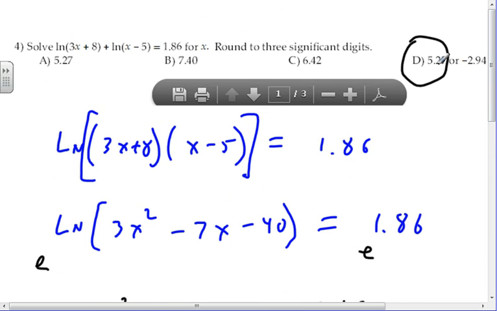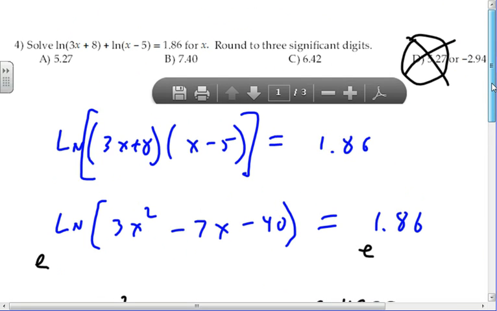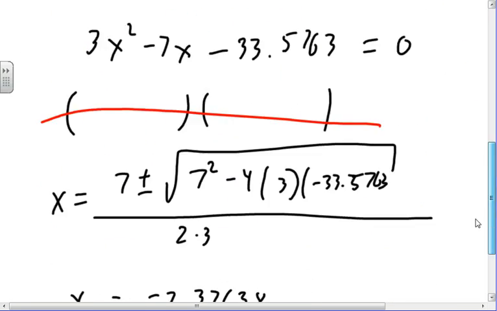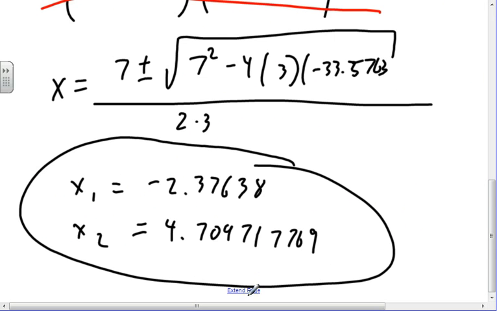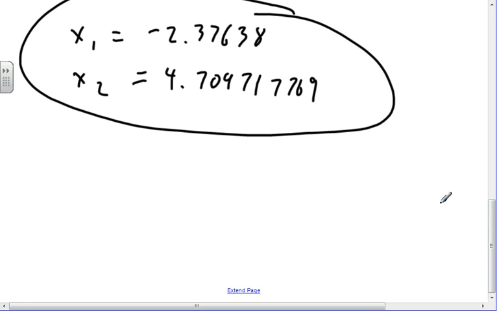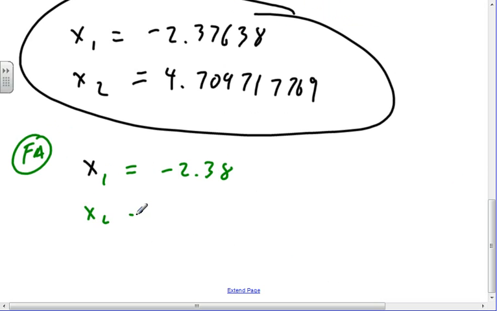No. So D is not correct, and none of them are correct. And the right answer is that. But it can't be that because we only have 3 significant digits. So final answer in green. Final answer x1 is equal to minus 2.38, and x2 is equal to 4.71.